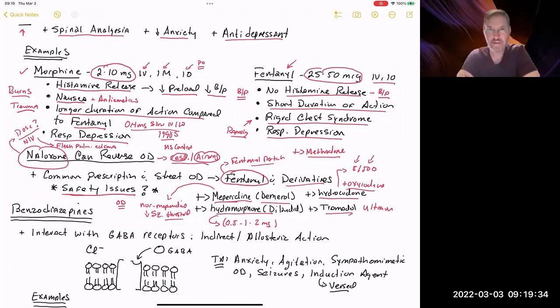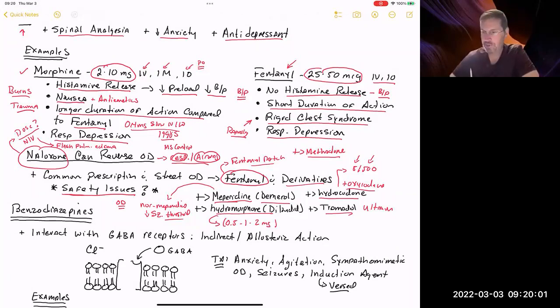To try to get them off the heroin or the fentanyl that they're using, we'll give them methadone, and because it has a very long duration of action, they don't withdraw, and hopefully they can come off of having to inject themselves with fentanyl, heroin, who knows what else. So methadone is very commonly used for that reason.